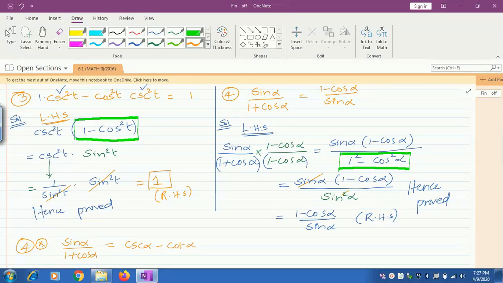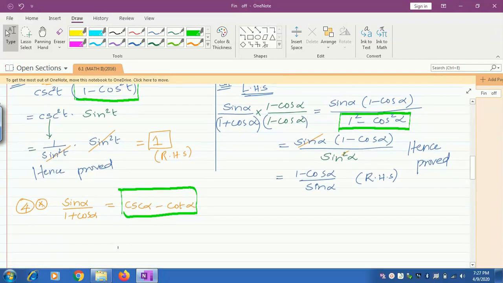See the difference between the last problem and this problem. Here this is your right hand side. Everything is the same; at the last, only one step is extra.